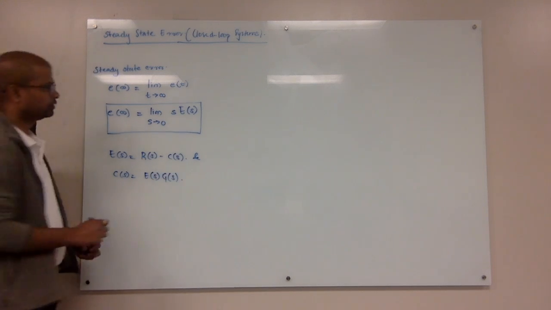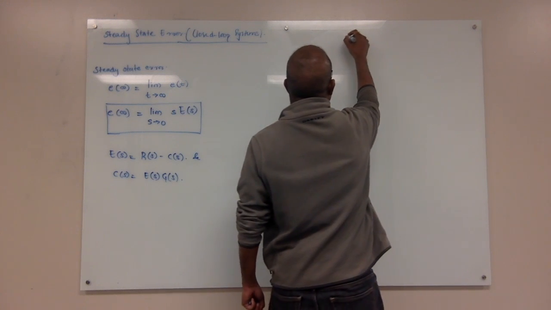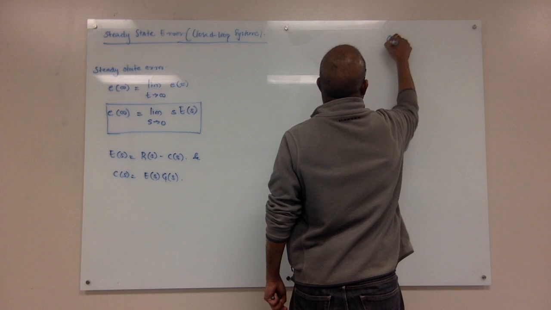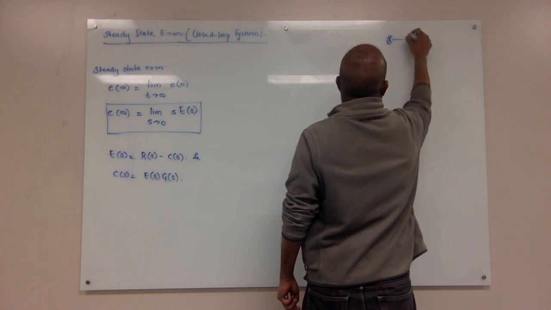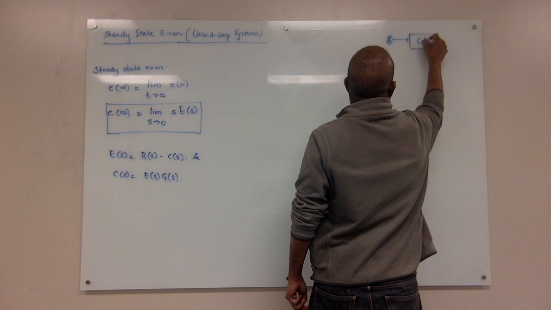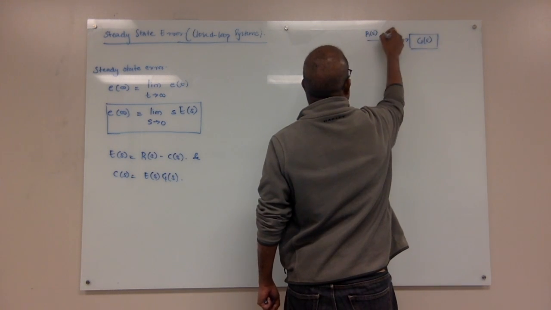You remember, keep in mind this figure, and we are talking in this context. I'm going to draw this. This is the error signal. This is G of S. This is R of S, positive.